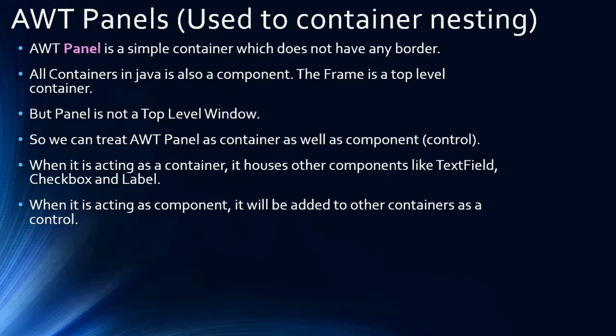When we are adding this panel to a frame window, the panel is acting as a component. So the frame plays the role of container and the panel plays the role of a component. But when we talk about the panel and controls added to this panel, the panel plays the role of a container because it is accommodating other controls.